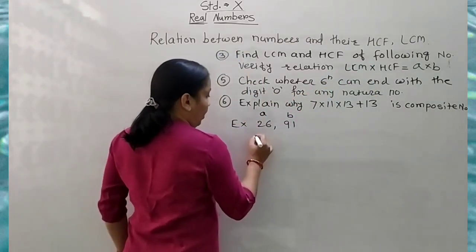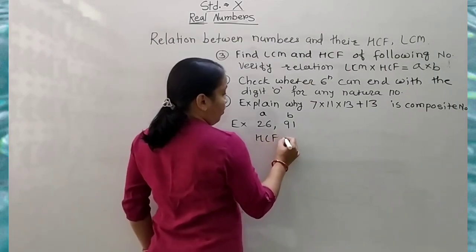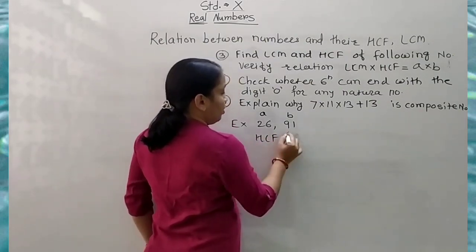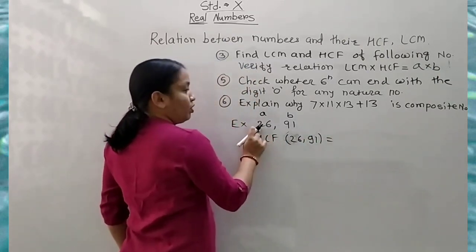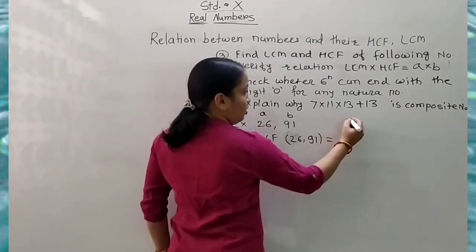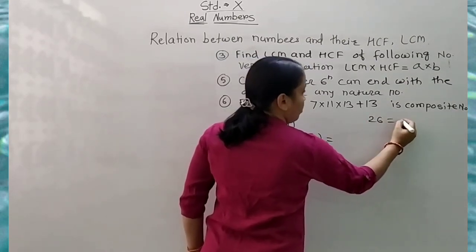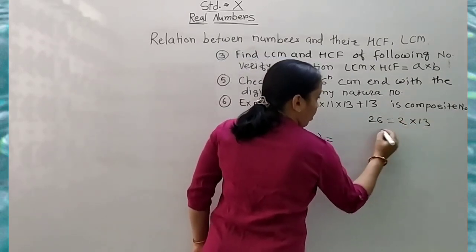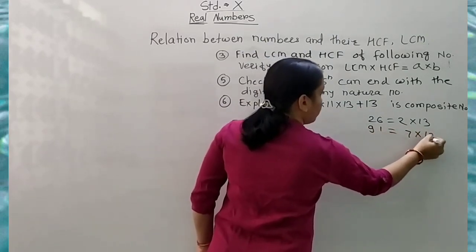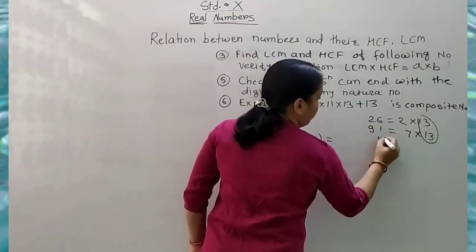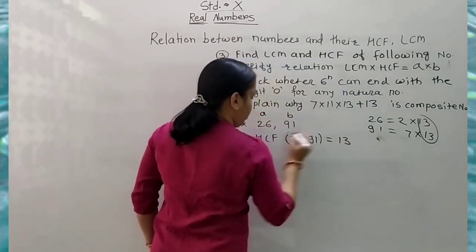Let us find the HCF of 26 and 91. Before that you have to find the prime factorization. 26 is equal to 2 into 13, and 91 is equal to 7 into 13. So HCF is equal to 13.